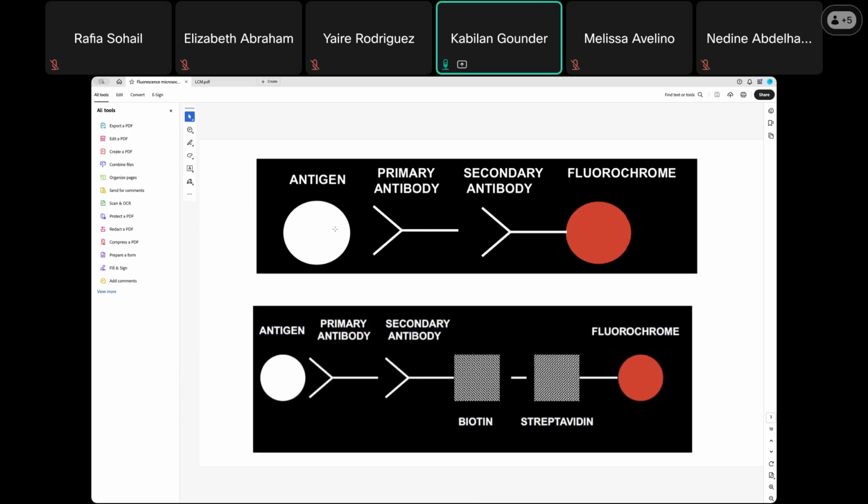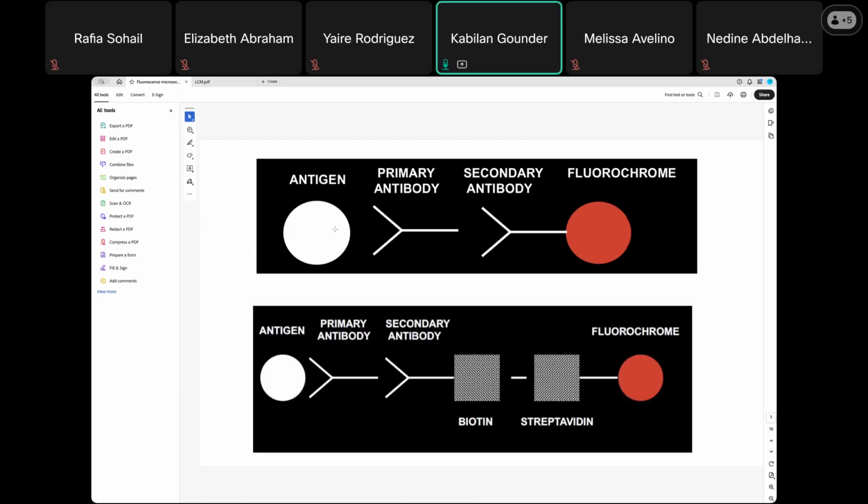to healthy gingival tissue. So what we can do is collect the gingival tissue, process it, and incubate it with the primary antibody, that is anti-lactoferrin antibody, for a few hours.